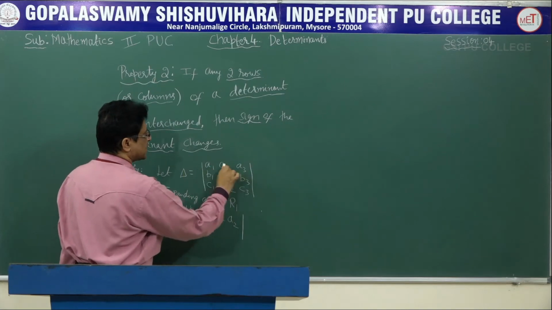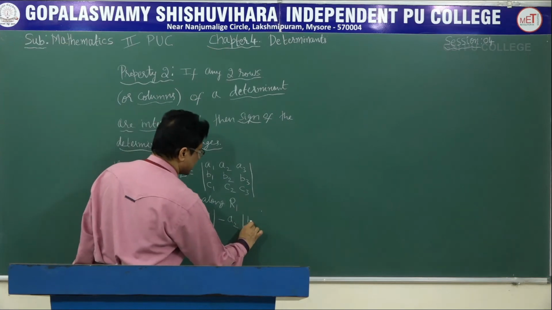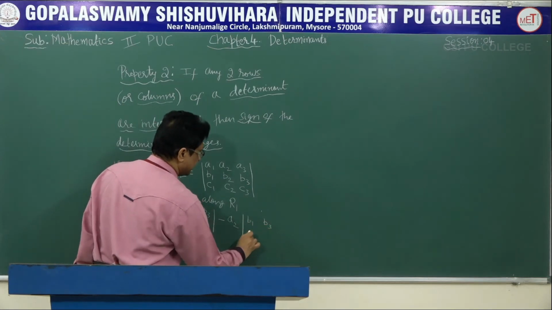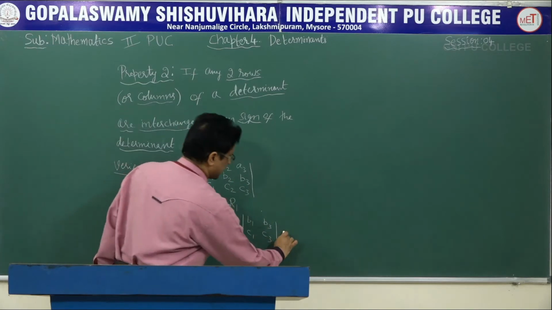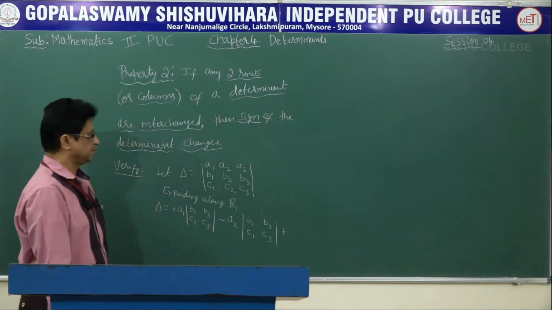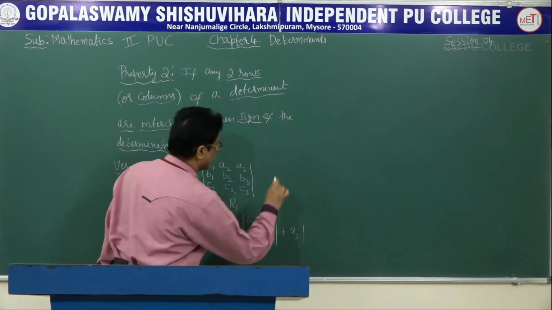We eliminate the first row and second column and take the determinant of the remaining elements, that is B1, B3, C1, C3. Next, plus A3 into the determinant of.